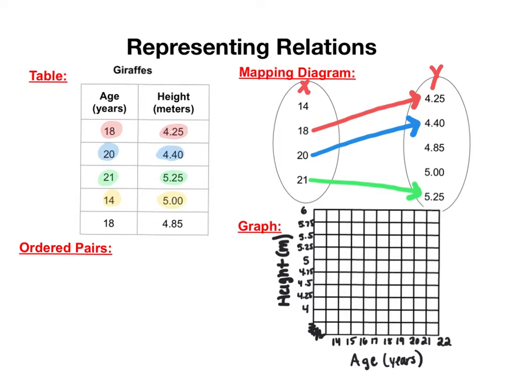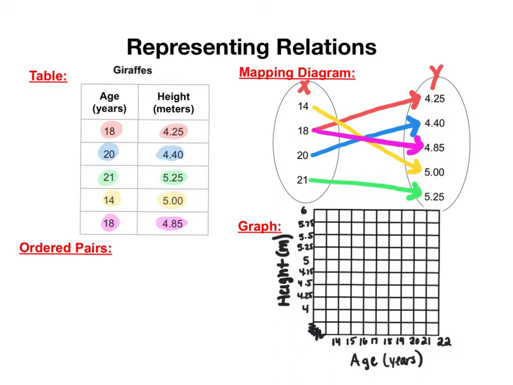So I can draw an arrow from 14 to 5.00. And lastly, I have my age of 18, goes with the height of 4.85. So I can draw an arrow from 18 to 4.85. So this represents how each input, or x, relates to each output, or y.